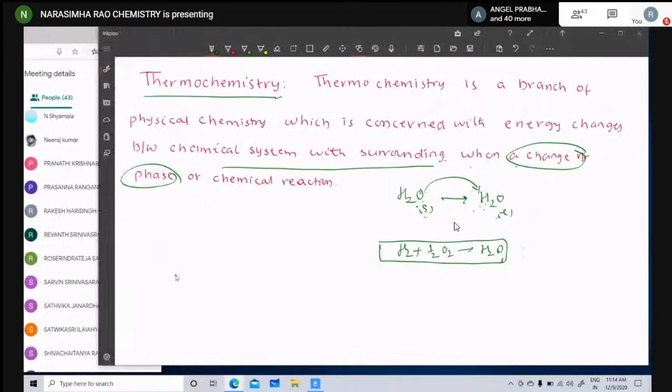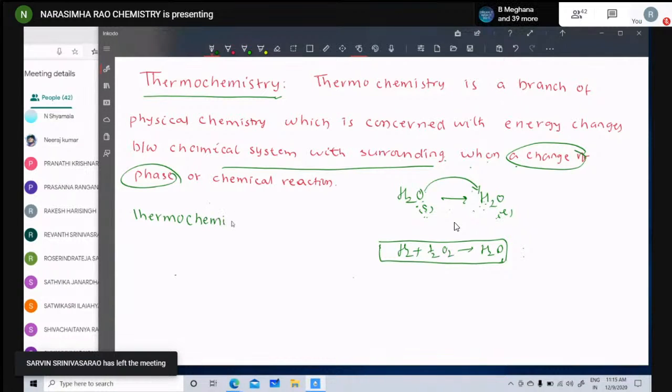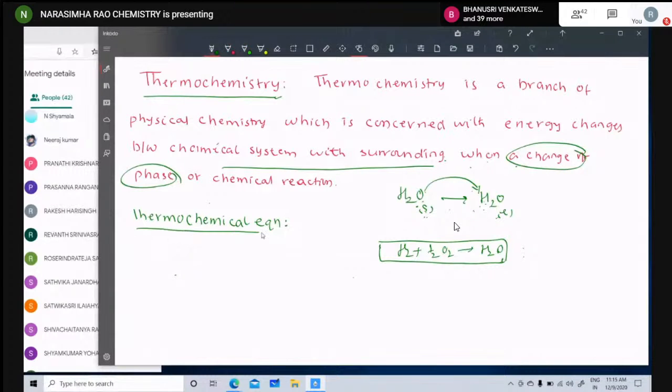Let me continue. Now let me write about the thermochemical equation. What is the thermochemical equation? What is its use?